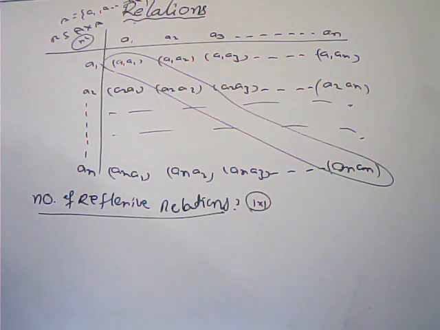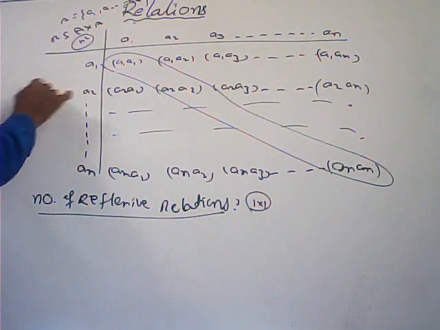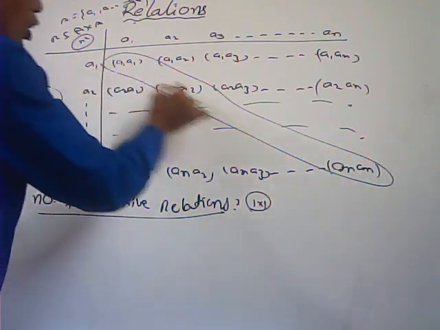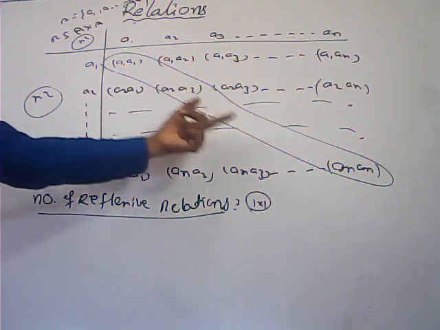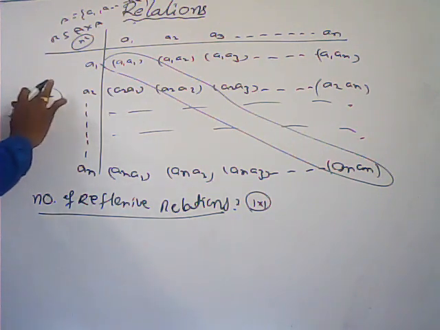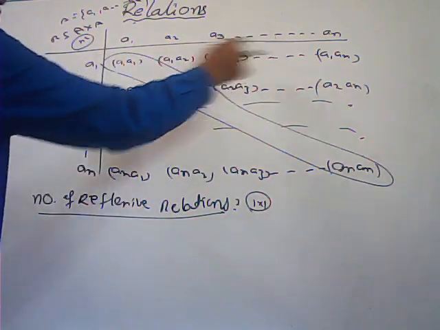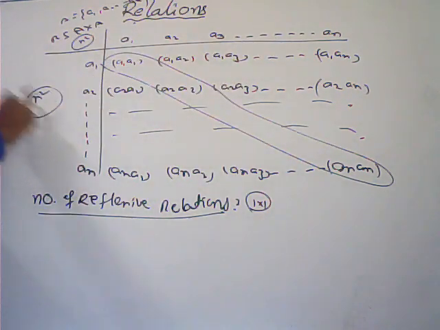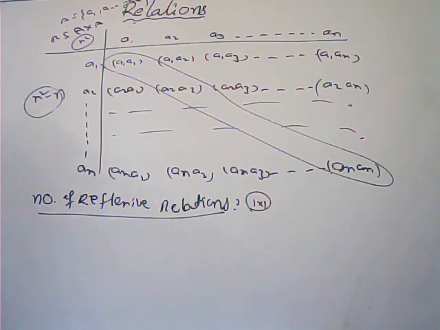Now total n square elements are there here. How many elements are there in the principal diagonal? If it is an n by n square matrix, the number of elements in the diagonal is n only. So total elements n into n, n square are there.